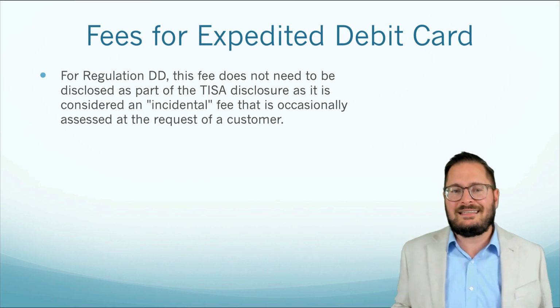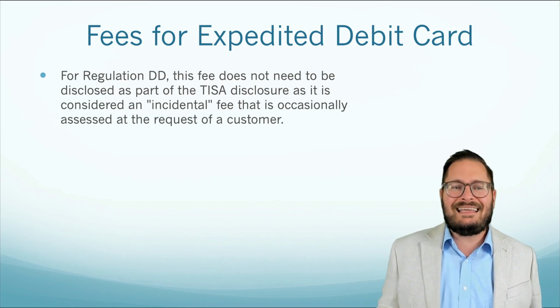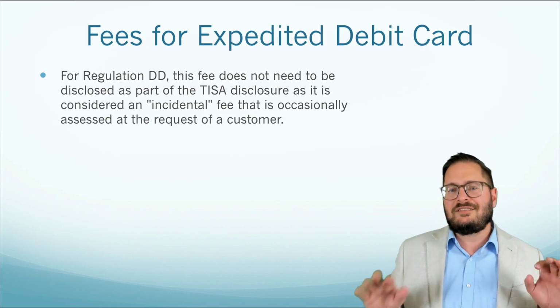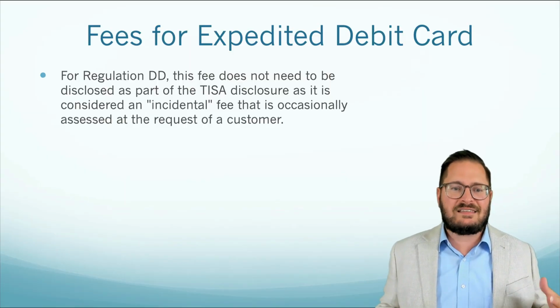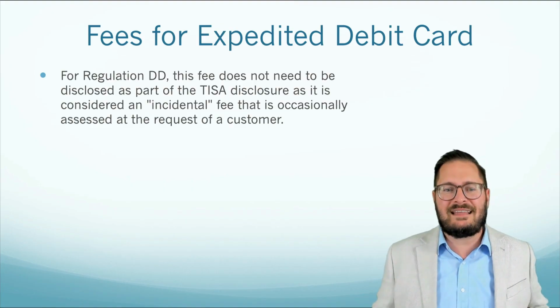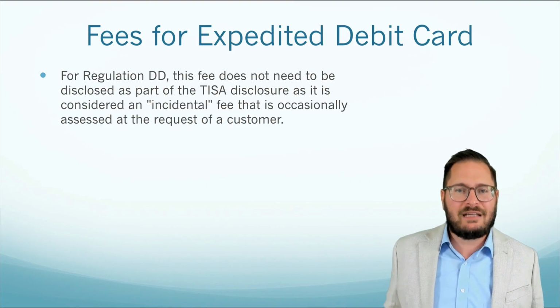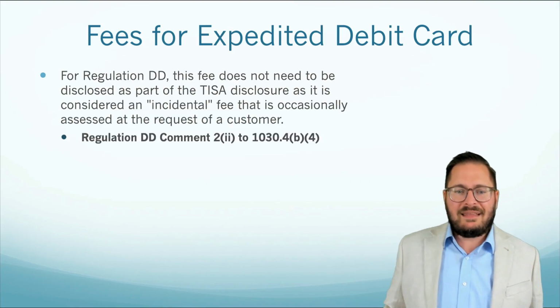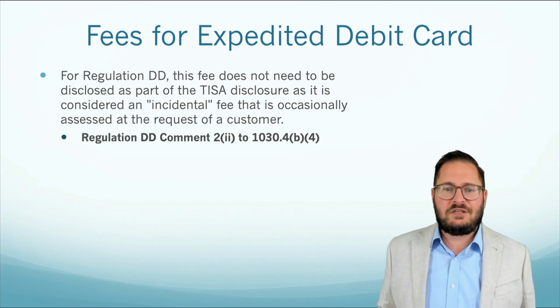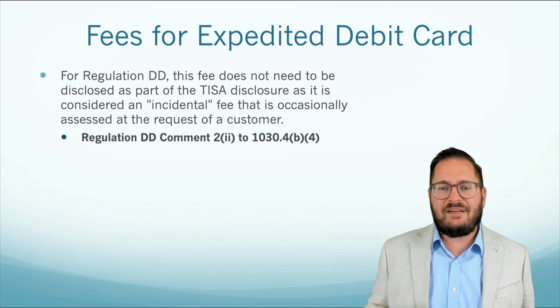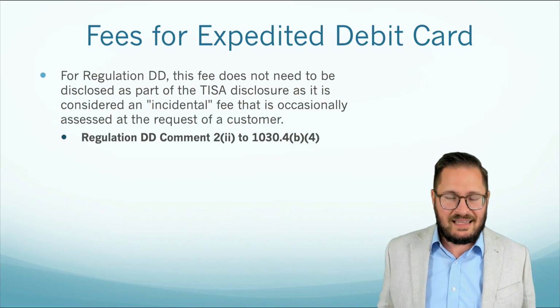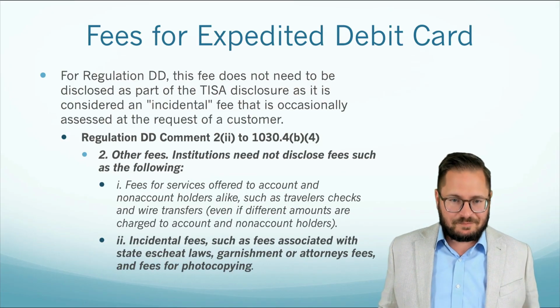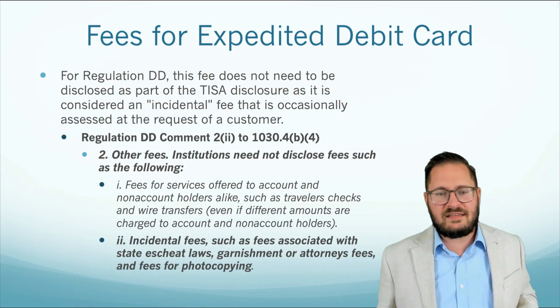For Regulation DD, this fee does not need to be disclosed as part of the TISA disclosure, as it is considered an incidental fee that is occasionally assessed at the request of a customer. And this comes from Comment 2.2 to 1030.4(b)(4) of Regulation DD that says this. It says other fees.